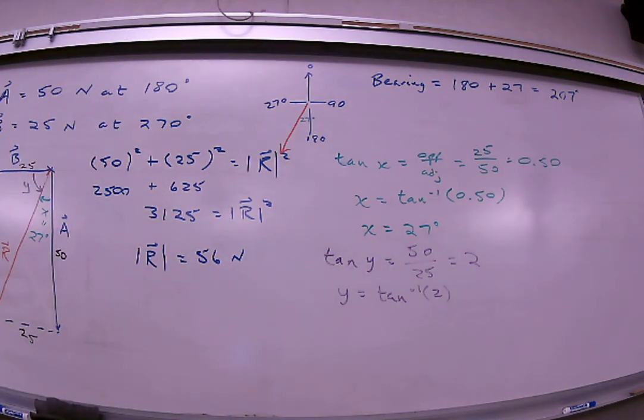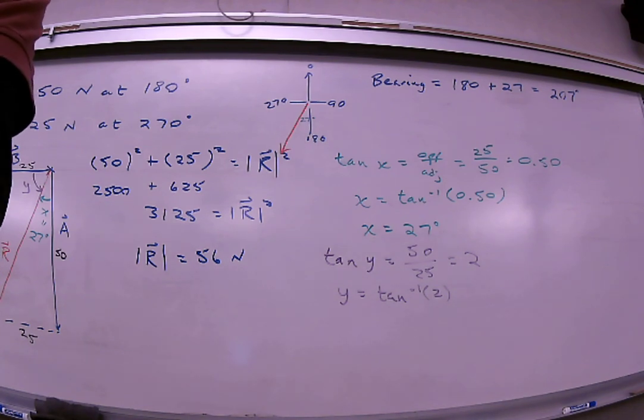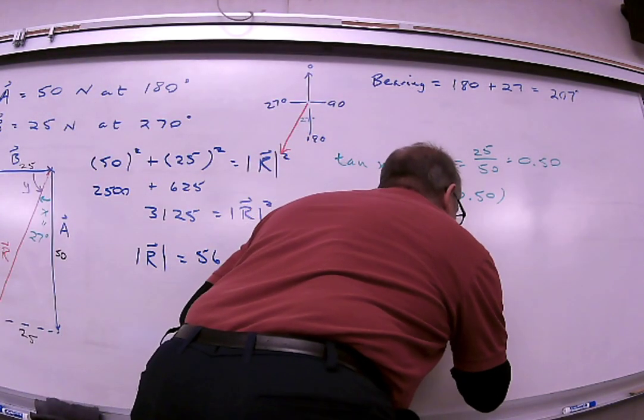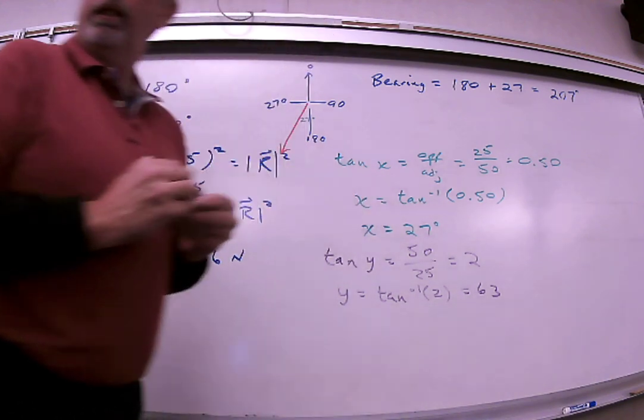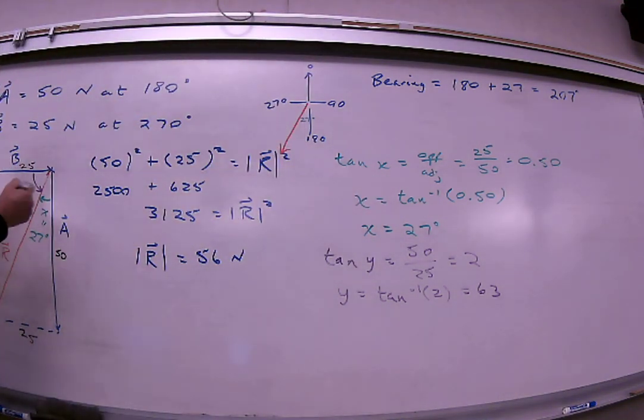Calculators, what is the inverse tangent of 2 to the nearest degree? 63. So this angle is 63.